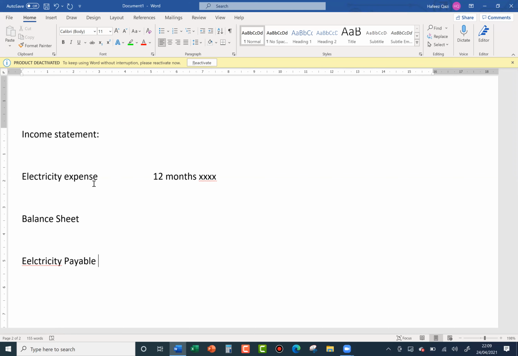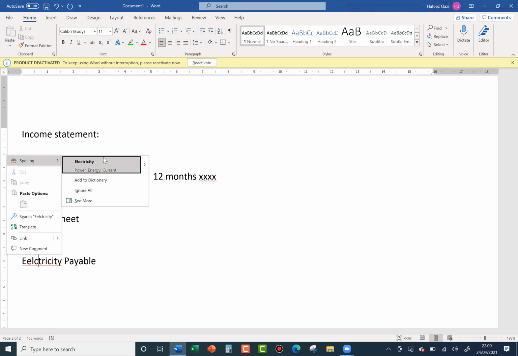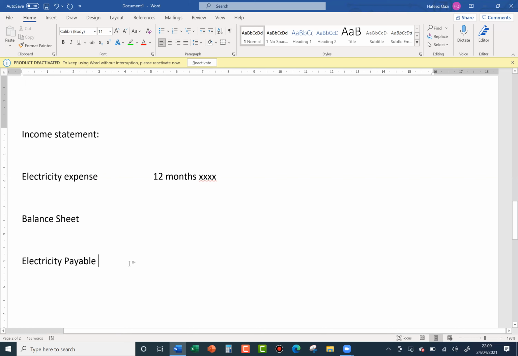And what is payable? You know that payable is a liability. So as a liability, current liability, to be more precise, because it will be paid in the current financial period within 12 months. So it remains as current liability. So this 125 will be recorded as electricity payable in the balance sheet.